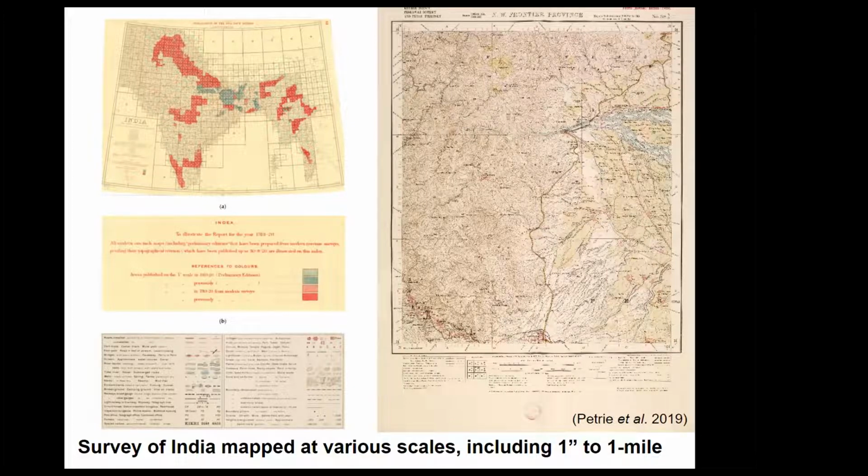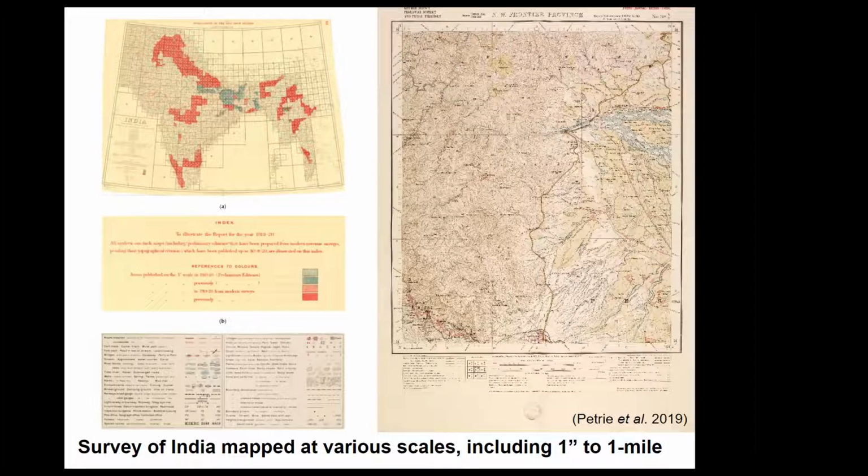And what happened at the very beginning of the 20th century was that there was a meeting between military officers and the Survey of India in 1905, and the Army requested high resolution maps and full color maps of the subcontinent. And so what resulted was the production of maps like the one that you can see on the right-hand side. This is a map that shows a part of what was then Northwest Frontier Province in Pakistan.